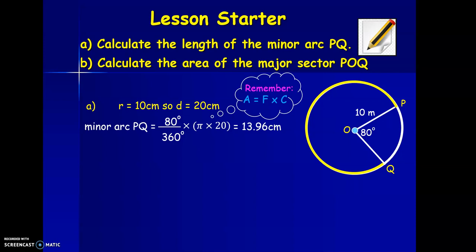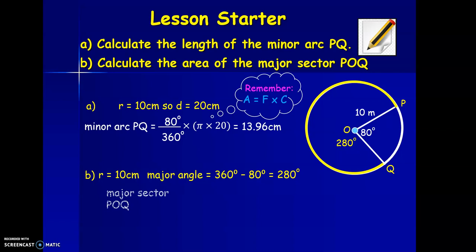If we look at B, the radius is 10 centimetres and we are being asked to find the major sector POQ. So therefore we need to find the major angle. So we need to do 360 degrees, take away 80 degrees, which gives us a major angle of 280 degrees. It's the major sector that we're trying to find.